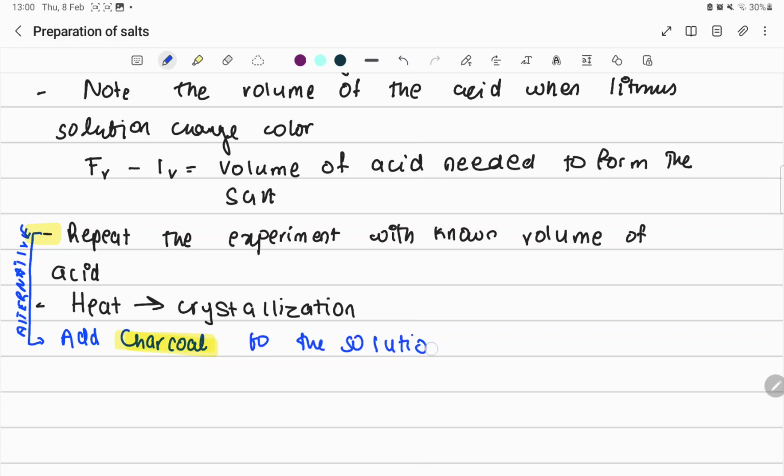And what charcoal does is that it absorbs the indicator. And then you can just filter out the charcoal.